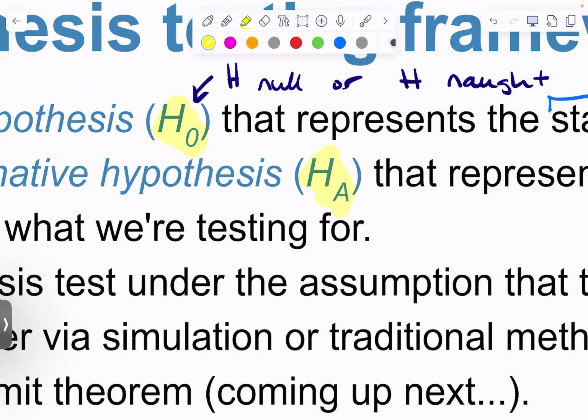Depending on if you've done stats in biology, for example, they like to use H0, H1. You can use H1 if you prefer, but I like to use A because it bumps you in the direction of the alternative hypothesis.